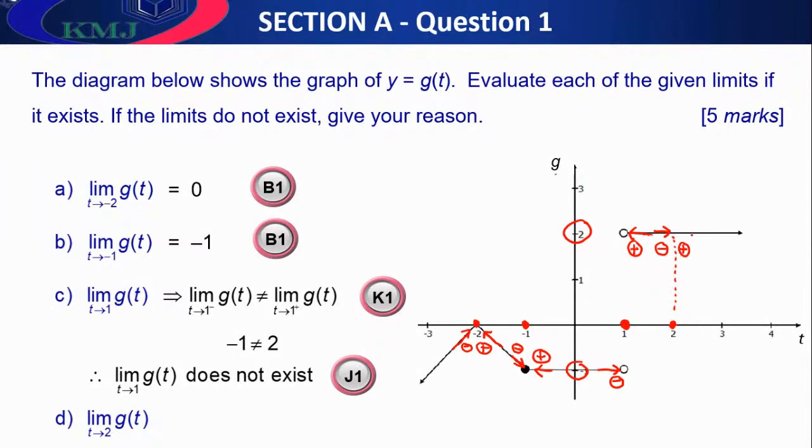From the right, the value of y is also 2. So for D, the limit of g(t) as t approaches 2 from both sides equals 2. So 1 mark for question 1D. Okay, so we continue with question number 2.